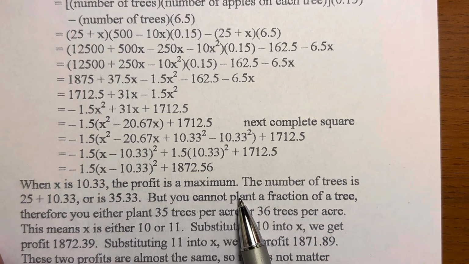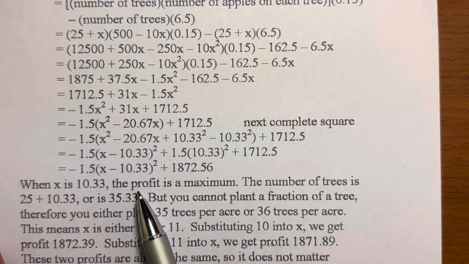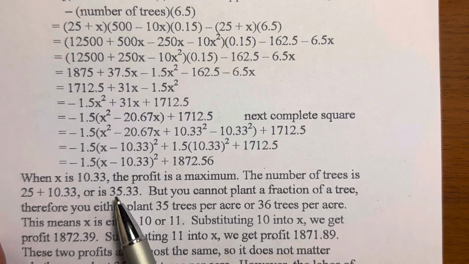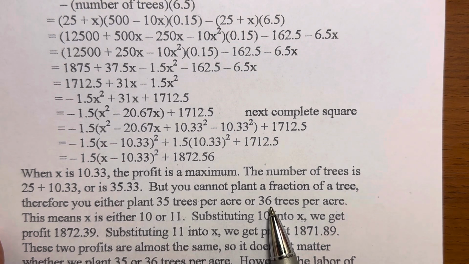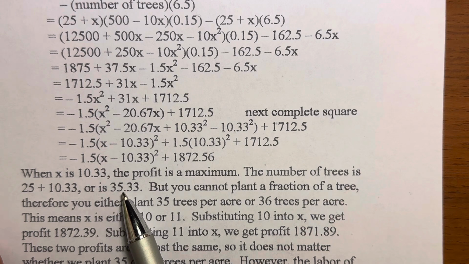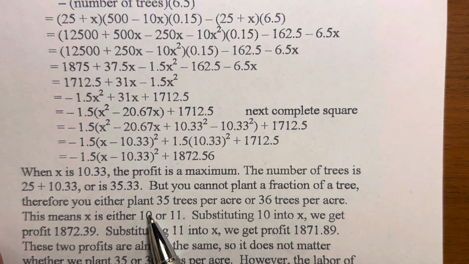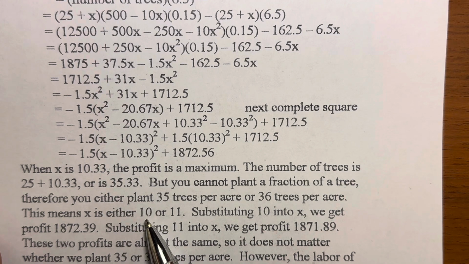But you cannot plant a fraction of a tree. You cannot plant decimal 0.33 trees. So you can either plant 35 or 36. Let's find out: if I plant 35, what is the profit? If I plant 36, what is the profit? So for 35, my x is 10.